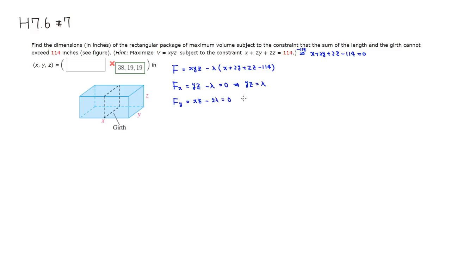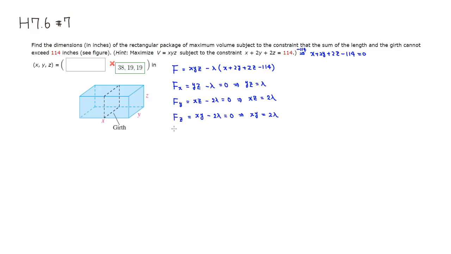Set that equal to 0. You get xz is equal to 2 lambda. And the partial with respect to z would be xy minus 2 lambda, equal to 0. And this is just xy is equal to 2 lambda.